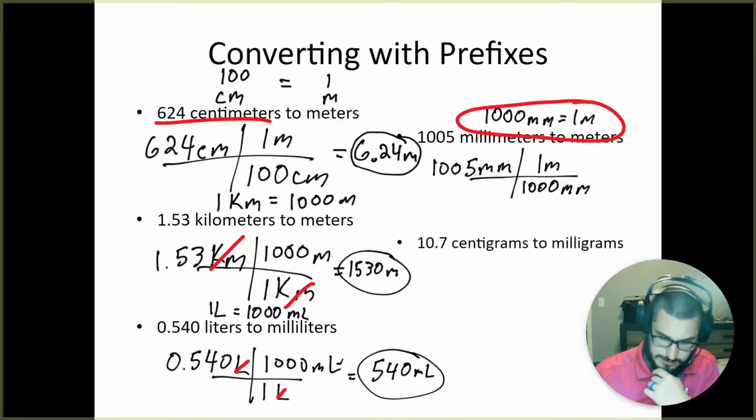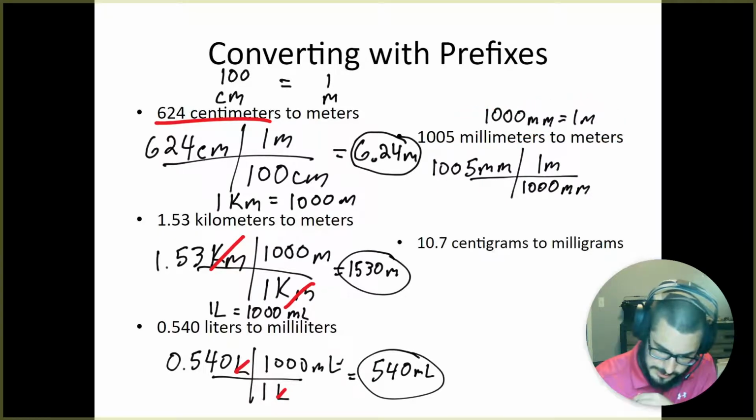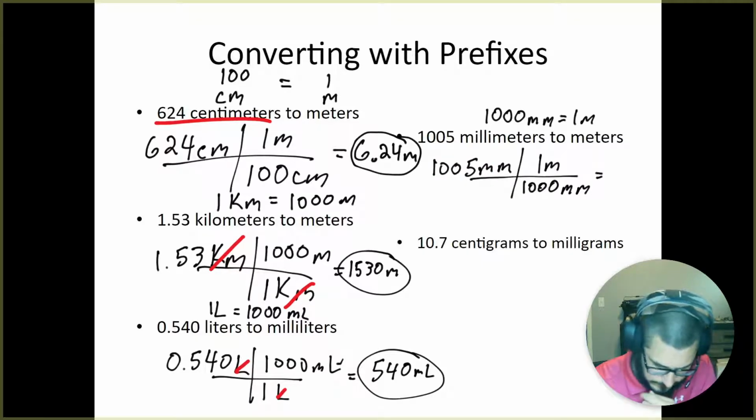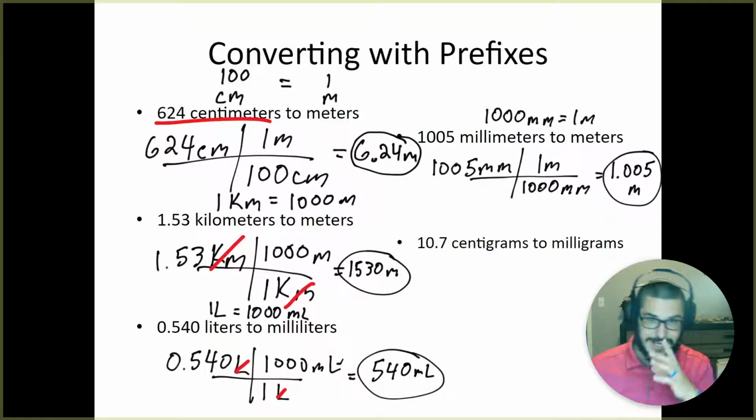So I put the 1,000 millimeters on the bottom, 1 meter goes on the top. So then I've got 1,005 times 1, and then divided by 1,000. So we've got 1.005 meters.